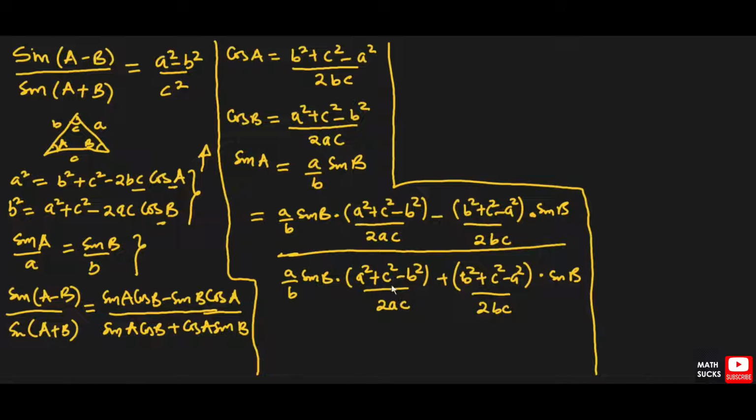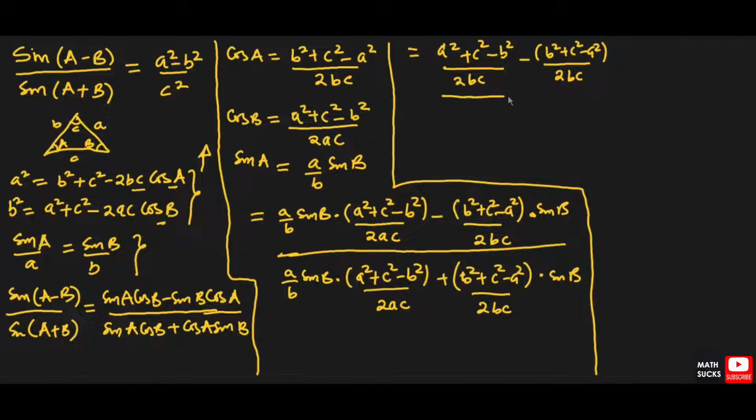So when we do that, sine of b is gone, and a has cancelled up and down, so we basically have a squared plus c squared minus b squared over 2bc, then take off b squared plus c squared minus a squared, everything over 2bc.